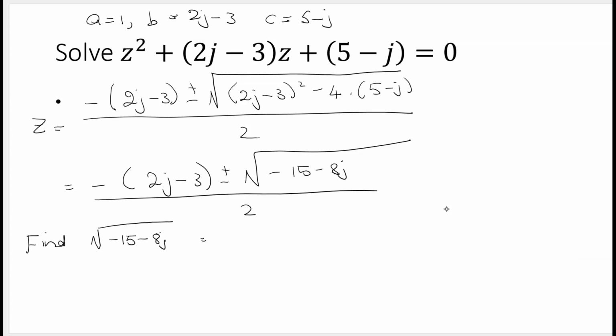Okay, we do it in exactly the same way as we did for the previous ones. We'd need to change it into polar first. Now there's just a little bit of a trick with this polar conversion.